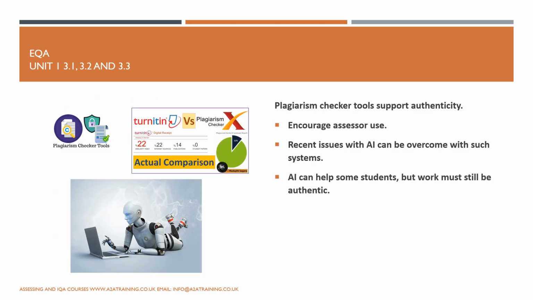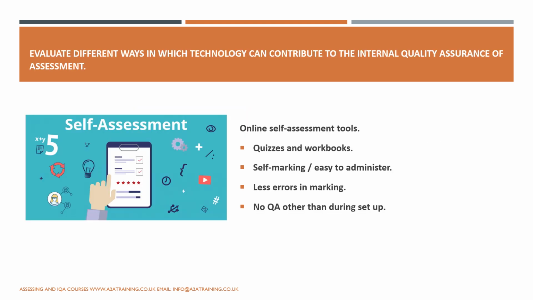Plagiarism tools are important in recent times with the development of AI, and they can be very helpful in checking for plagiarism. There's some useful checkers here such as Turnitin, which can be helpful. Self-assessment tools are fantastic and have helped with technology such as quizzes and workbooks.